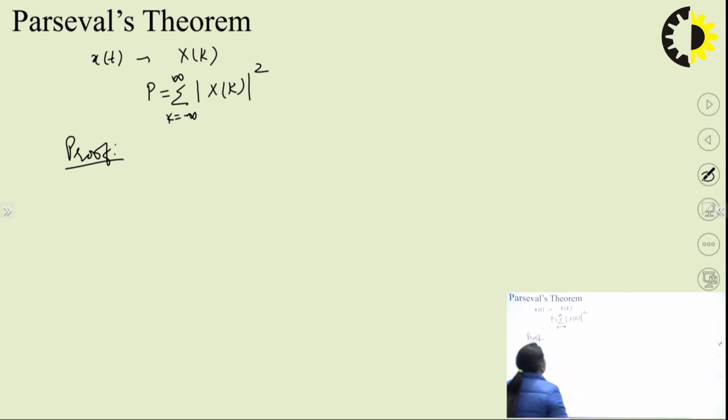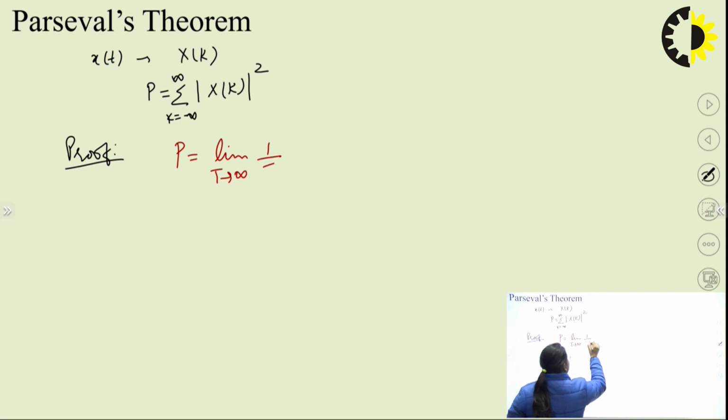As we know, the definition of the power is the limit T tends to infinity of 1 by T integral from minus T by 2 to T by 2 of x(t) whole square dt. This is by definition.